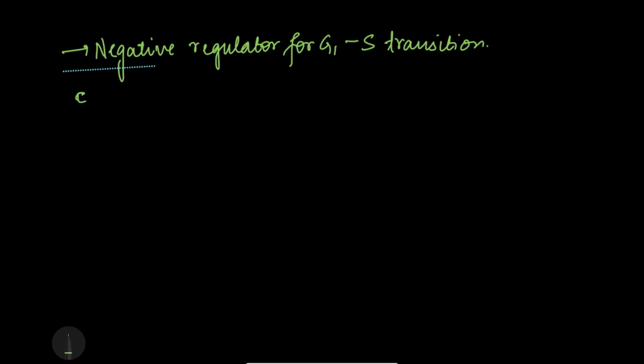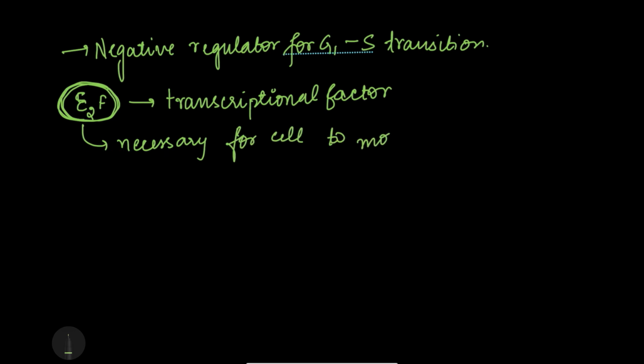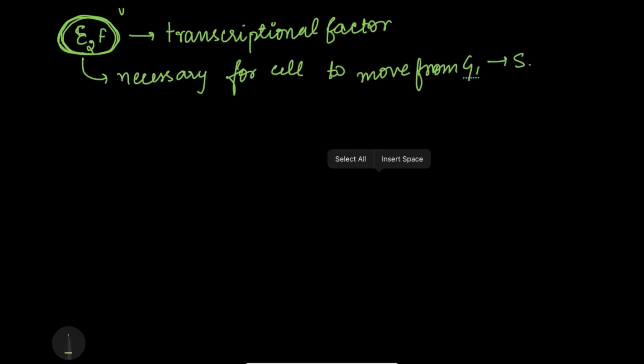I'll explain in detail that there is a factor called E2F, right? It is a transcription factor and this factor is necessary for the cell to move from G1 to S, right? So what happens?